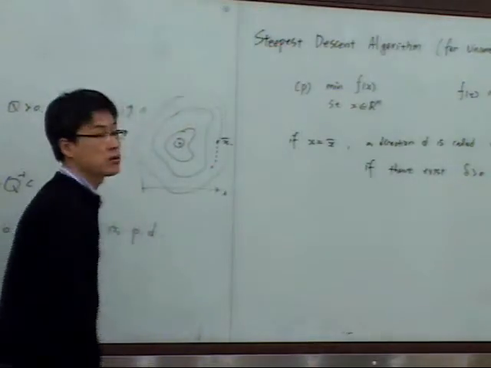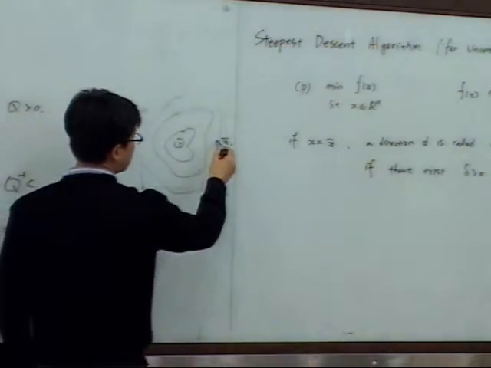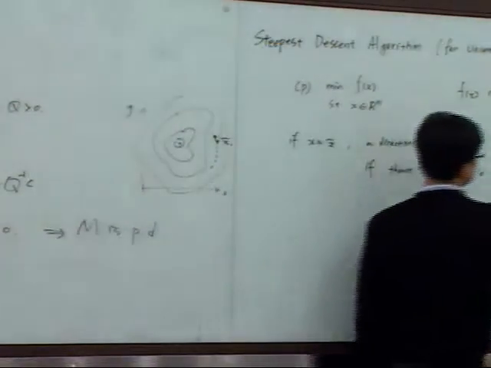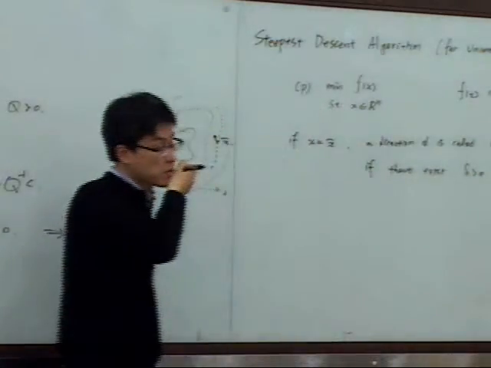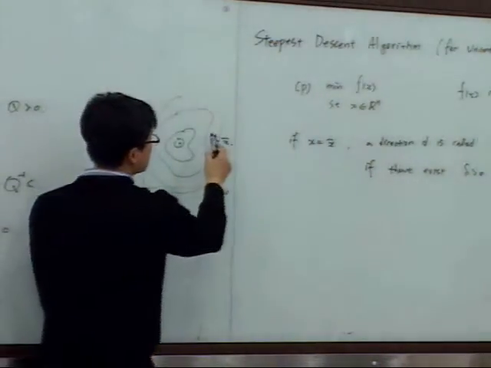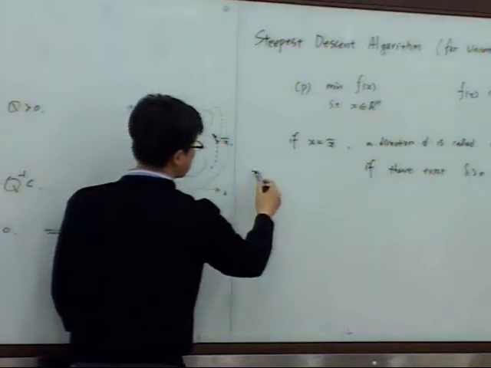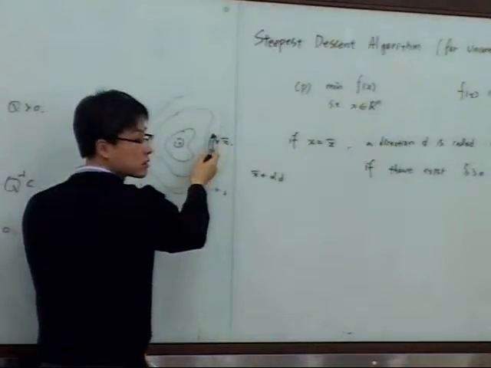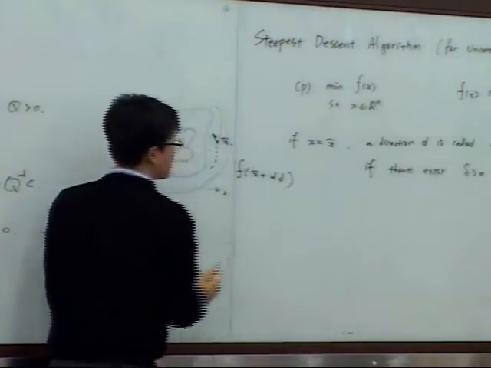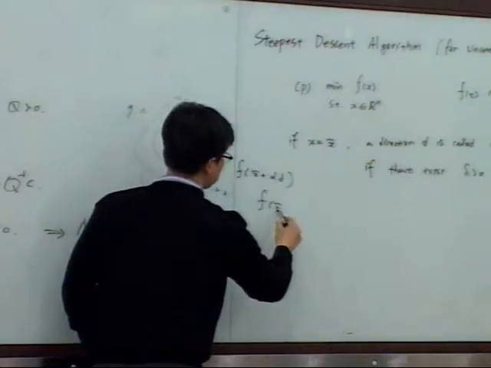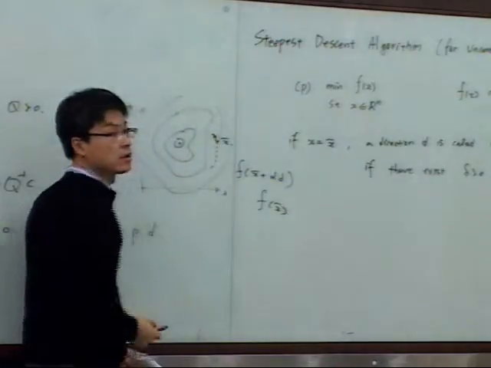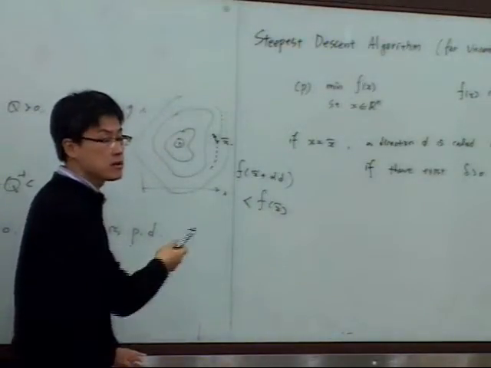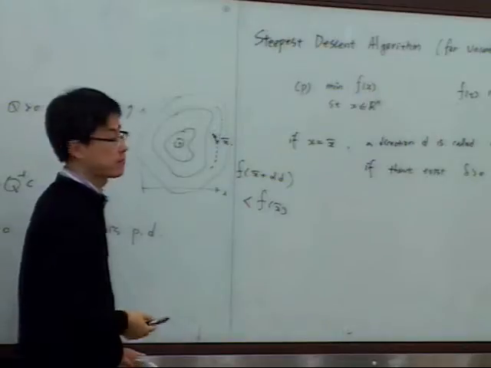This is the contour line. So if you take this direction, is it true? Those points should be x plus alpha d, right? That point, f compared to your original position's x, decreases. Then d is a descent direction.